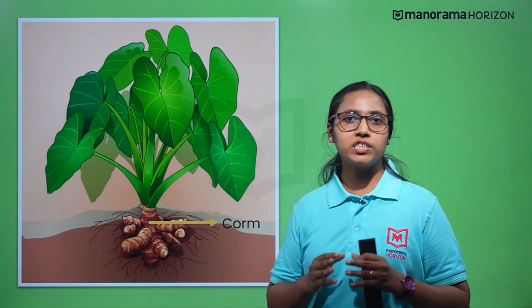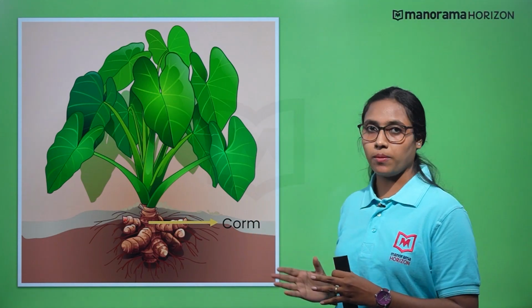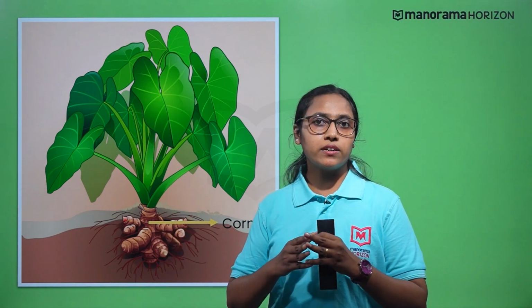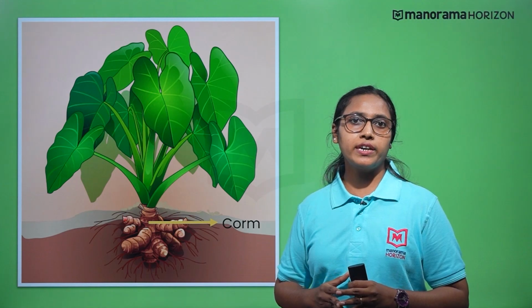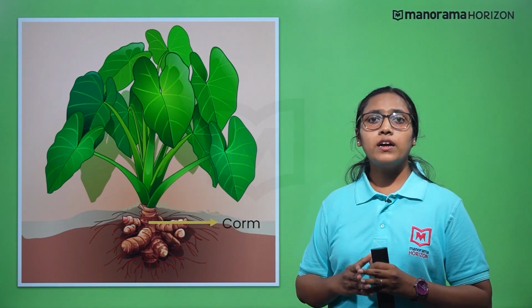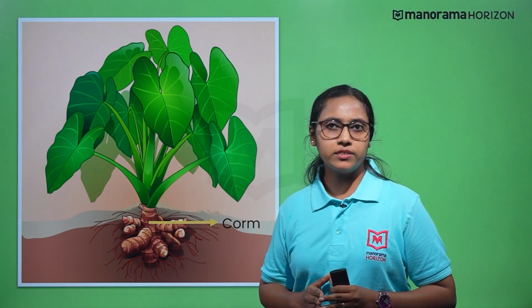These modifications are present in Colocasia and elephant yam. In this image, you can see that it is a round storage organ and it has a short upright stem covered with scaly leaves. Corms are harder than bulbs.